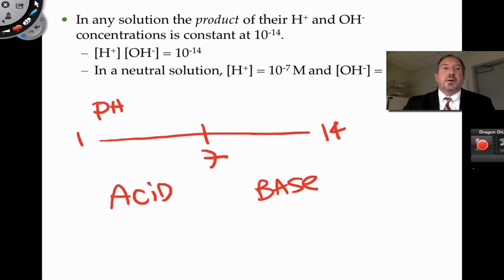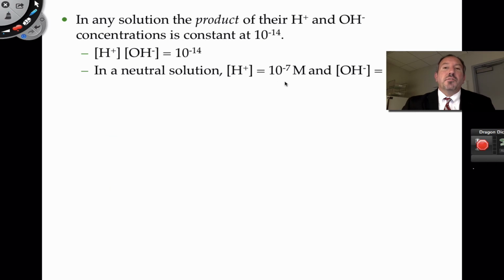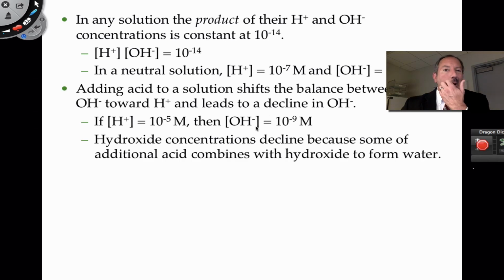Where does this come from? Well, it comes from the fact that in pure water, as I mentioned at the top of the video, when water is able to dissociate, if you will, into hydronium ions and hydroxide ions, those concentrations are equal. They're 1 times 10 to the negative 7. And so collectively, that adds up to 14.